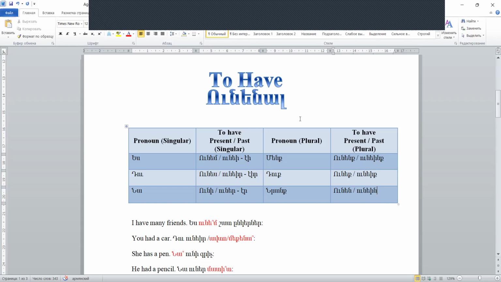Okay, let's revise the past version as well and just do some exercises. Okay, so let's revise it. Unei. Tu uneir. Na uneir. Menk uneink.